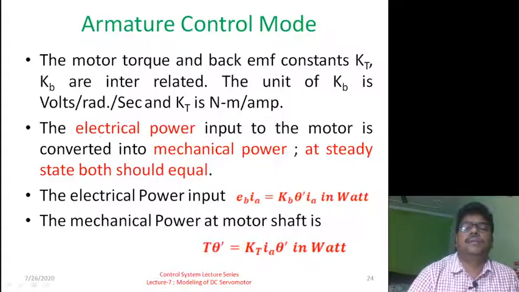And since here we are giving input electrical power and getting the power converted into mechanical power, at steady state they should be equal. So E_b into I_a must be equal to the input power, K_b theta dash into I_a, and the mechanical power at the motor shaft equals torque into omega, where theta dash is the angular velocity.